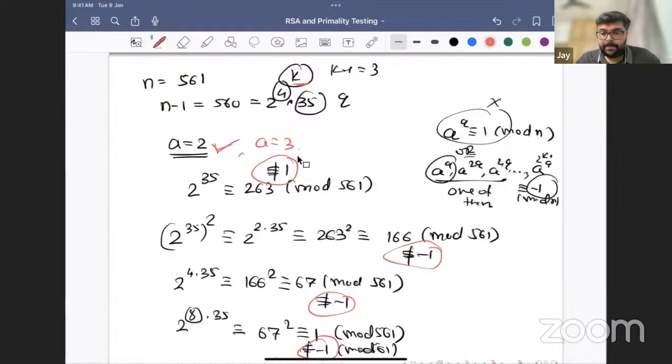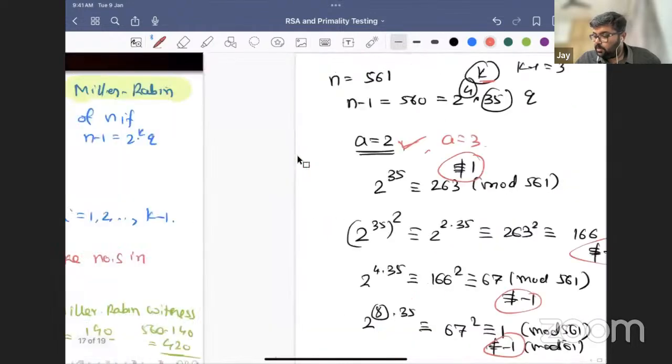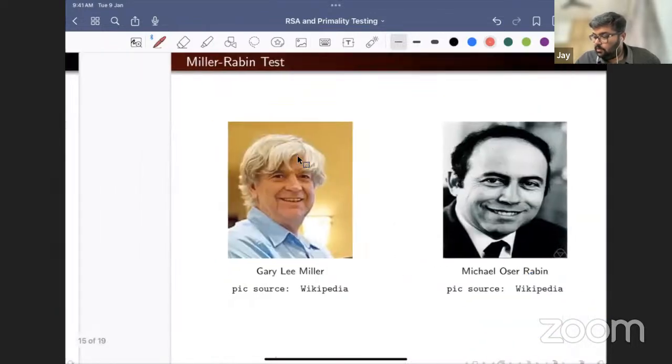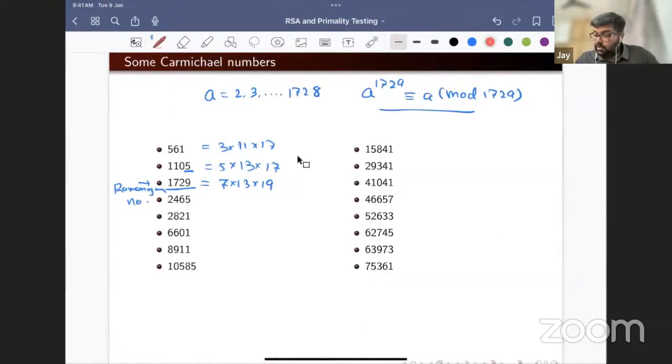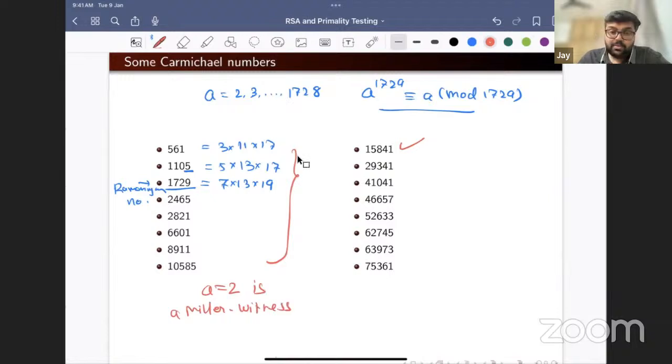You can check all these Carmichael numbers which we had seen, which pass Fermat's test. For all these numbers, including this, a equals 2 is a Miller-Rabin witness. It is the first number which we choose. Of course, we have to choose randomly, we can choose anything, but a equals 2 gives a witness.